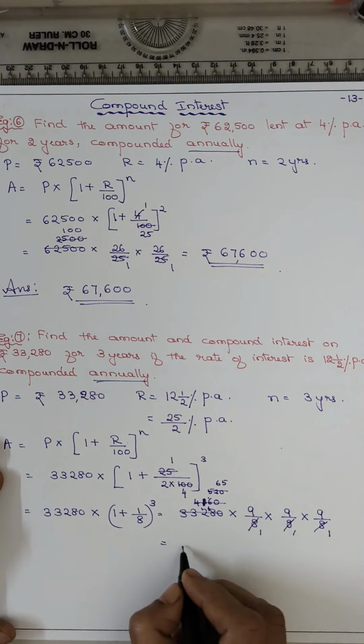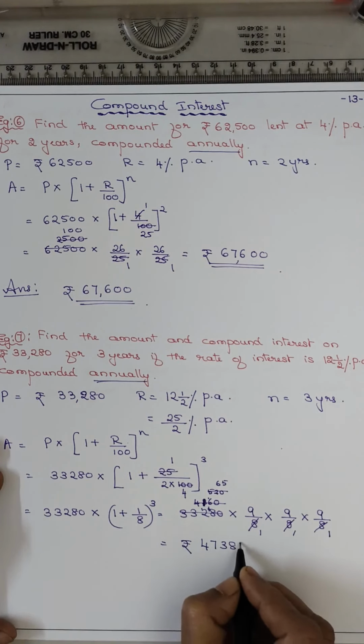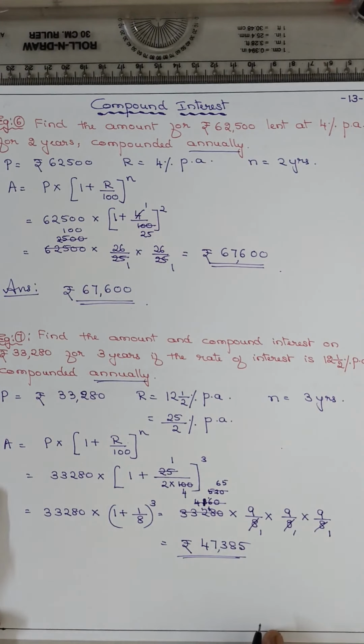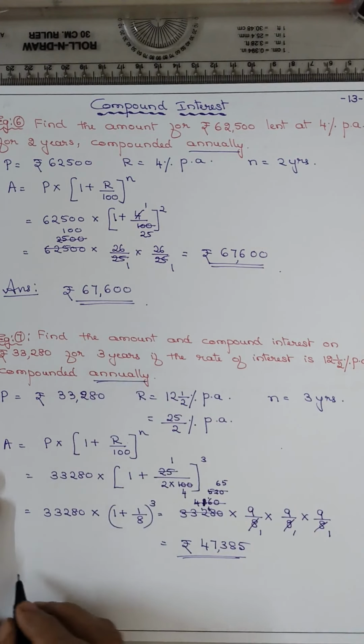So when you multiply, you will get 47,385. So they have asked amount and CI.